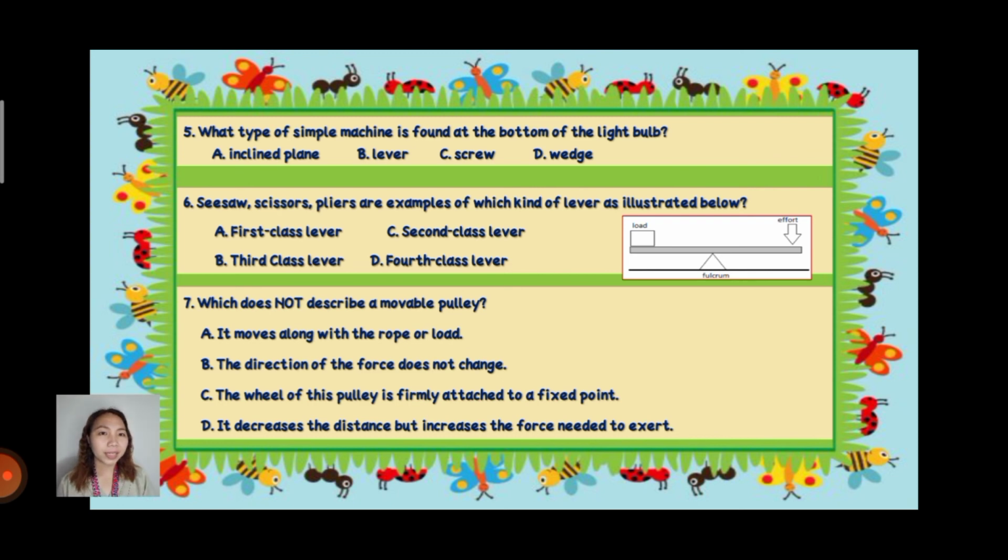Okay, number 6, seesaw, scissors, pliers are example of which kind of lever as illustrated below. Kay katong fulcrum na sa center, unsa man na siya nga klase sa lever? A, first class lever. B, third class lever. C, second class lever. Or letter D, fourth class lever.